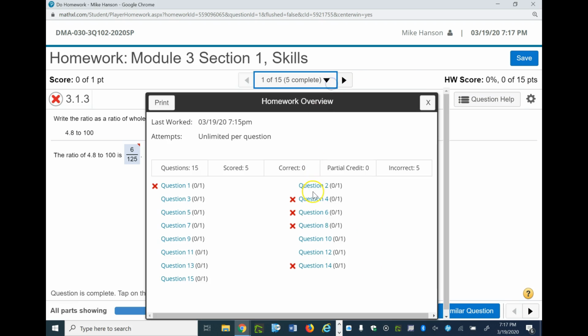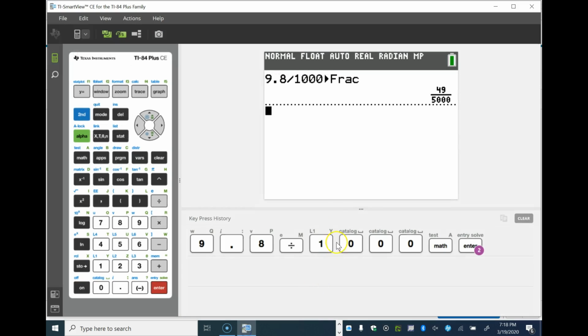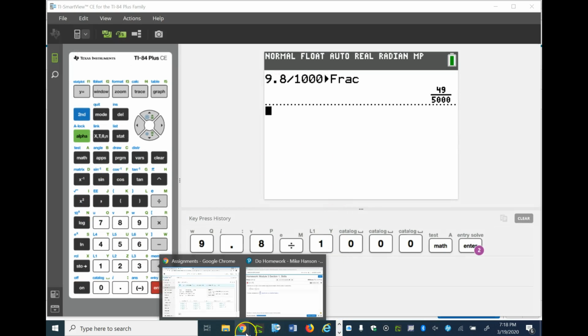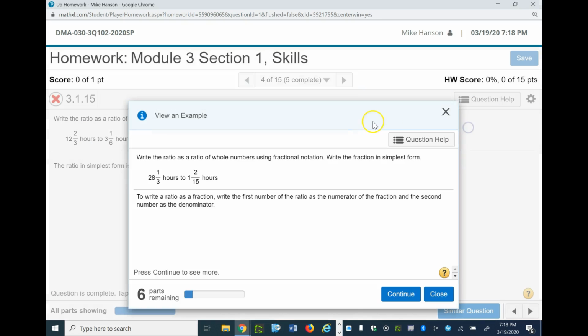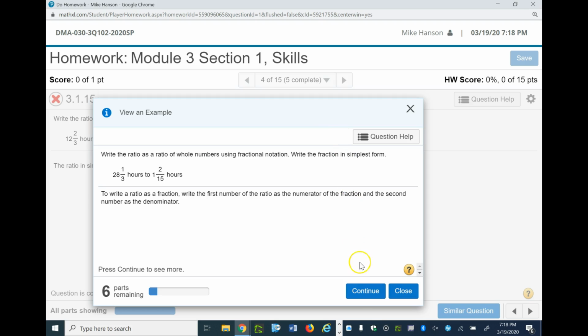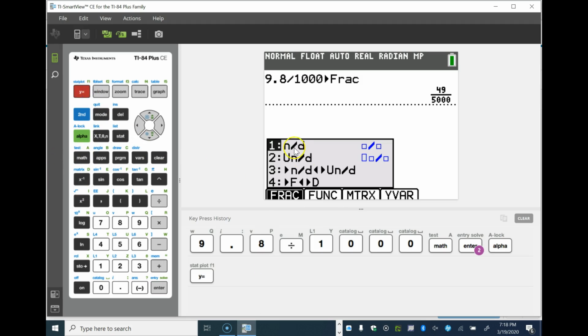Let's move on to another one, number 4. Once again, I have the "to," so it's basically the same option, but I'm going to remind students how to put the mixed number into the calculator. Going back to the viewing example, I'm going to do 28 1/3. So remember alpha here, and then number 2.